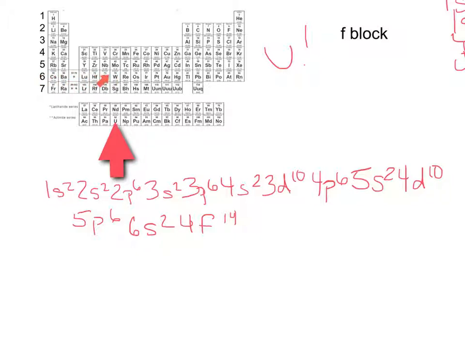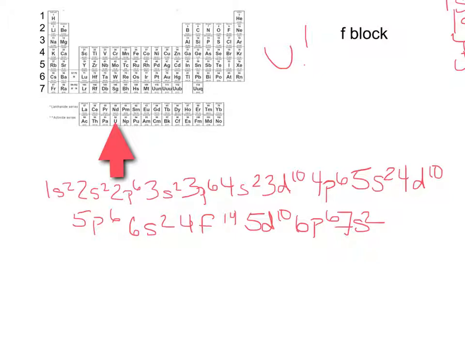I'm in the 6th row, but remember D block is -1, so it's 5d10. And then, as I keep going across, I exit 5d10, and now back into 6p, 6p6. So now I am out of 6p. I get to read down the next line, 7s, almost there, 7s2.